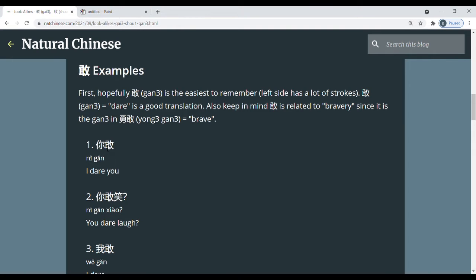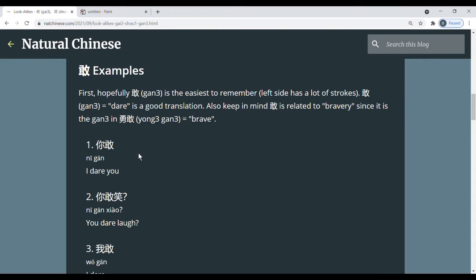Our first example is the phrase 你敢. It's literally like "you dare," but I think "I dare you" is a good way to translate it.